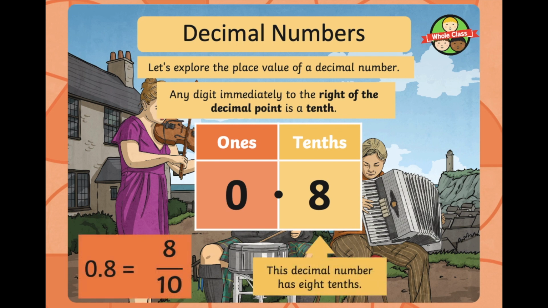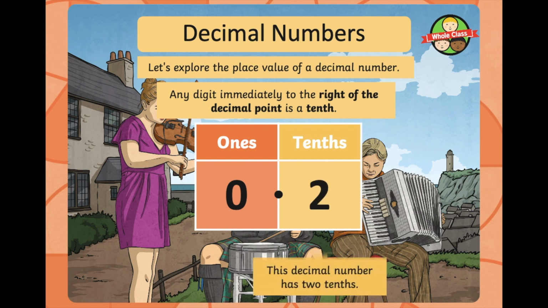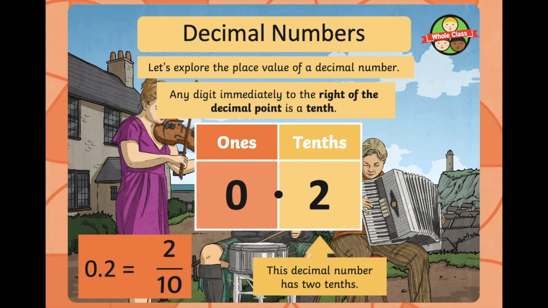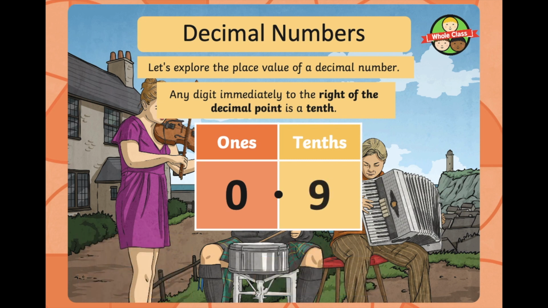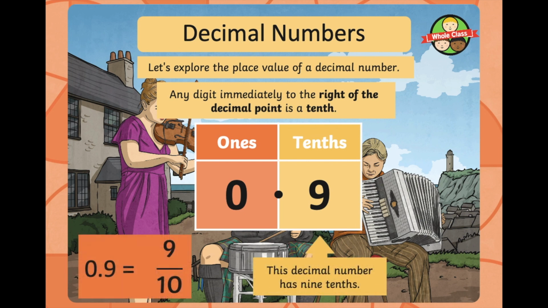And this is what 8 tenths looks like as a fraction. This decimal number has 2 tenths. 2 tenths looks like this as a fraction. This number has 9 tenths. And this is what 9 tenths looks like as a fraction.